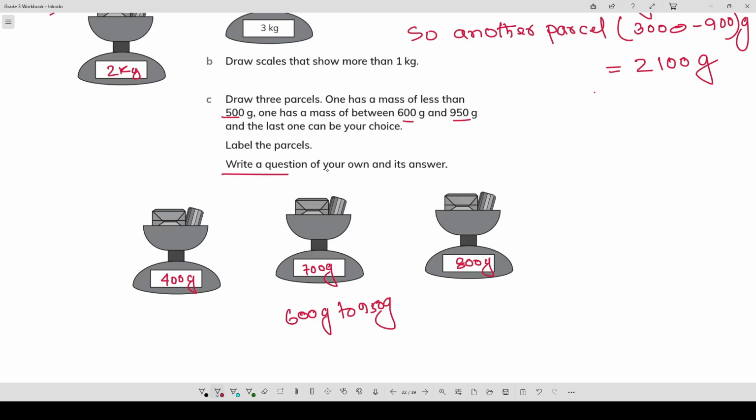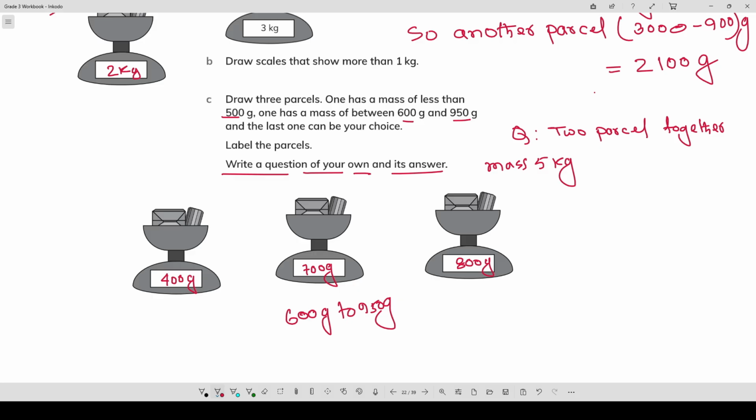Okay, write a question of your own and its answer. So now I will make a question. The question can be written like this: 2 parcels together have a mass of 5 kg.